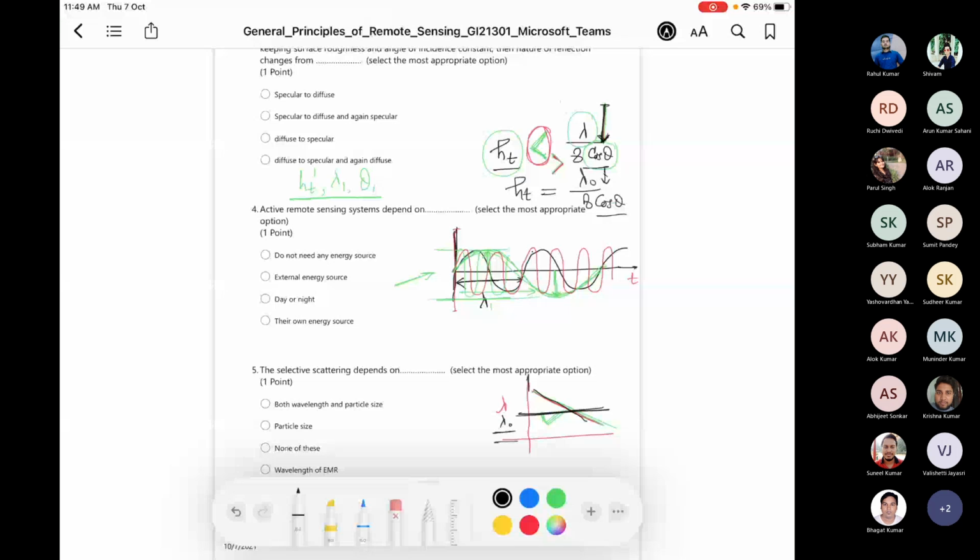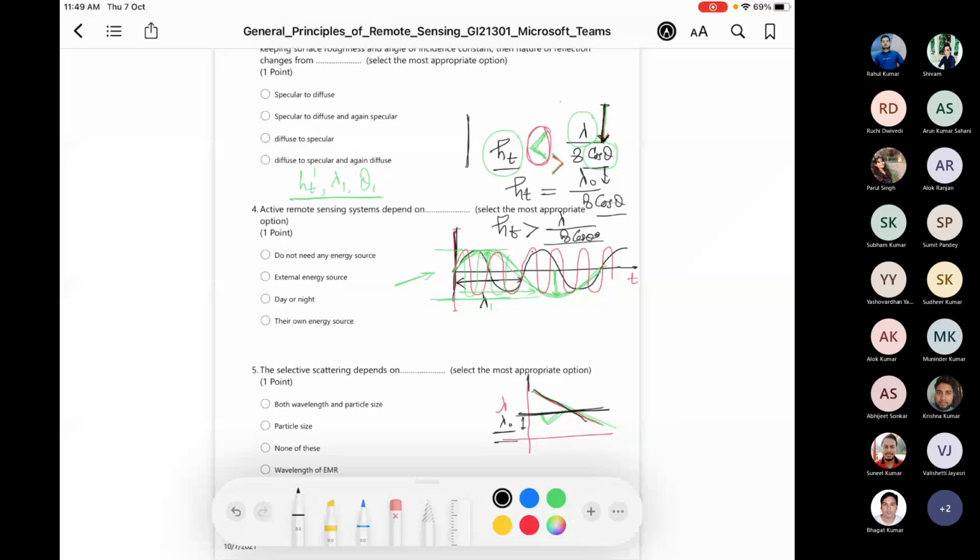Further, if you decrease this, then what will happen? Now this inequality will change, that is HT greater than lambda by 8 cos theta.